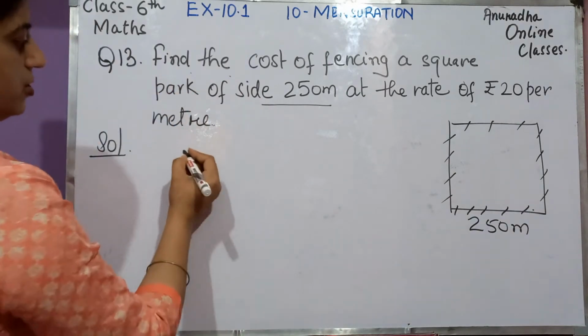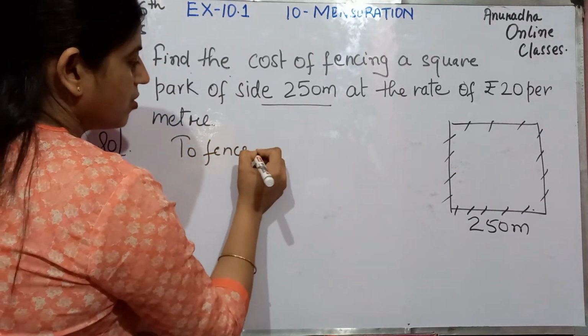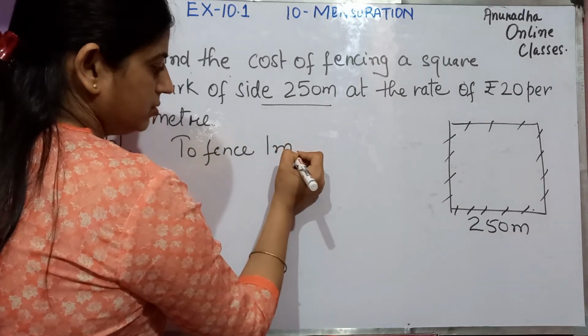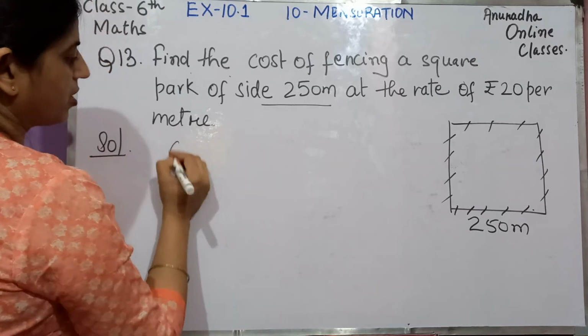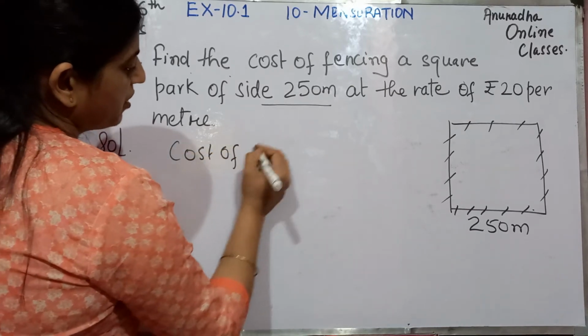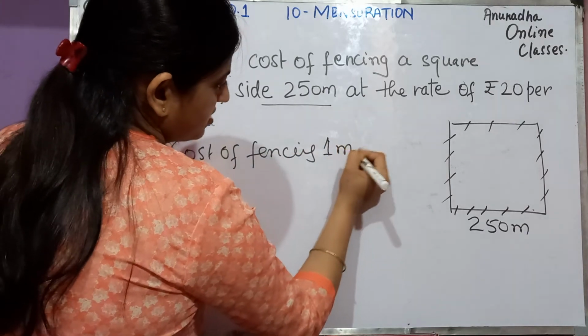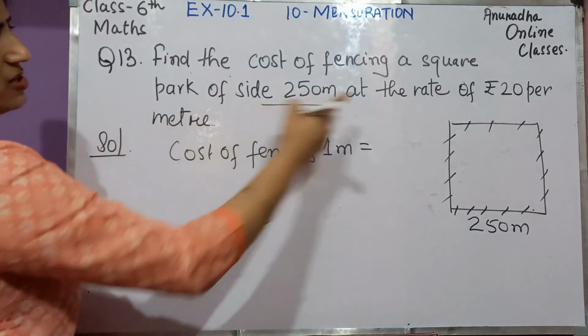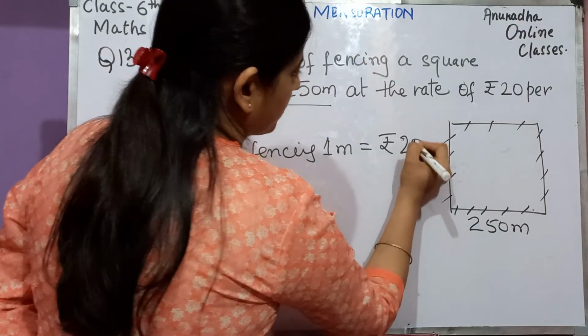That is, to fence 1 meter, or you can write here: cost of fencing 1 meter is equal to how much? That is 20 rupees. Okay, 20 rupees.